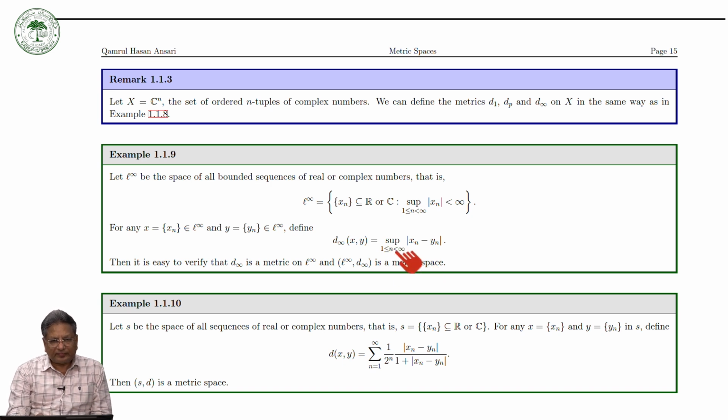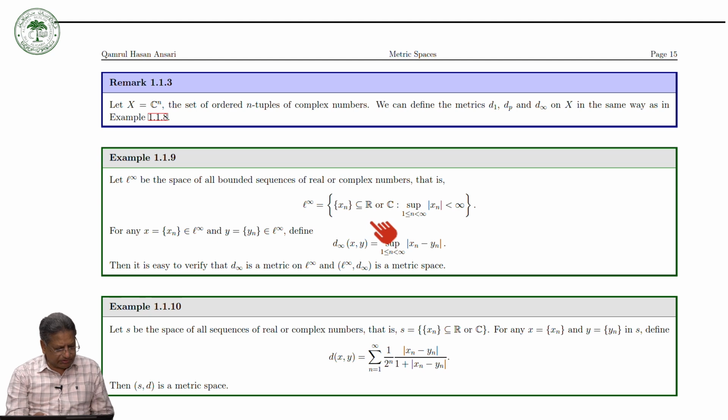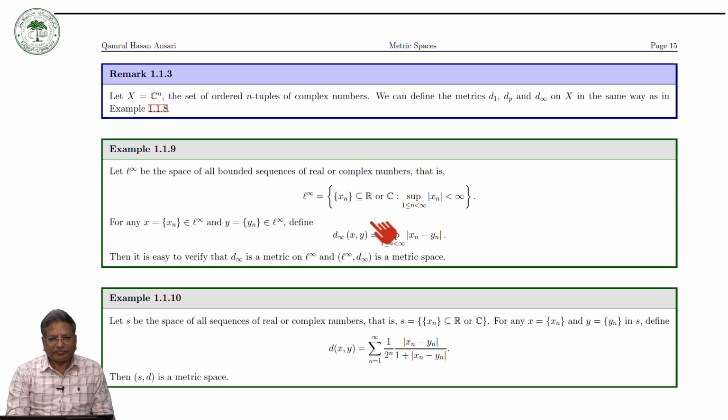Now, here we are considering L infinity, the space of all bounded sequences, and we define the metric this way. Now, suppose we remove the word bounded, and consider the set of all sequences of real or complex numbers.